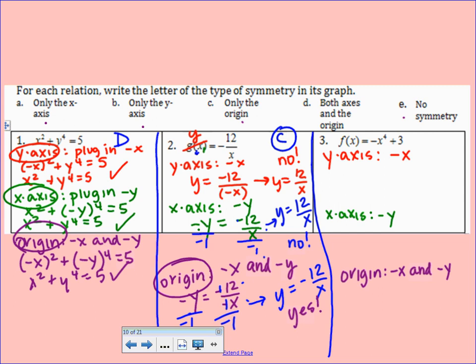Alright. Exponents first. All right, let's check.